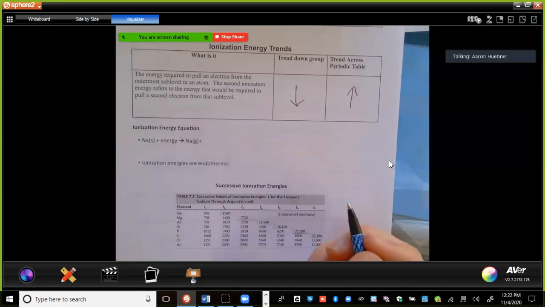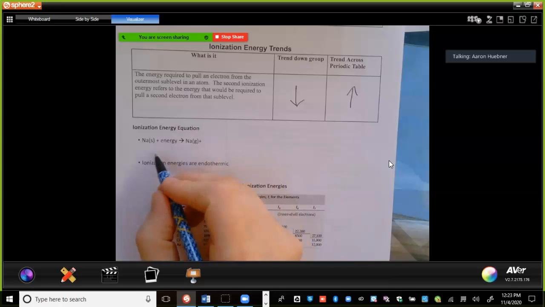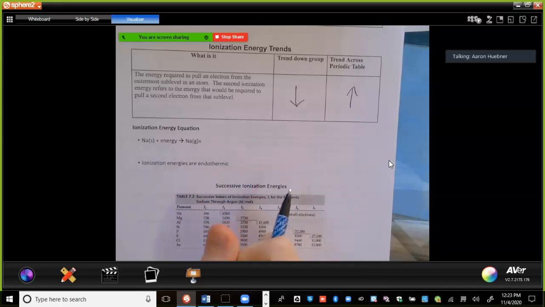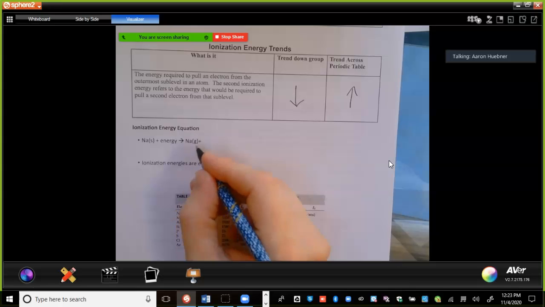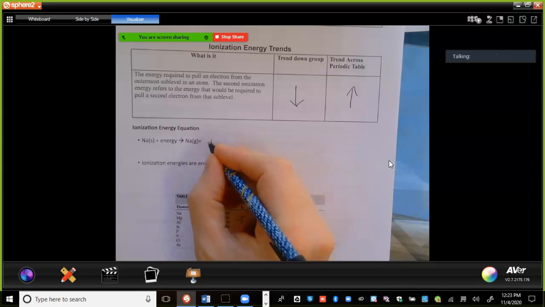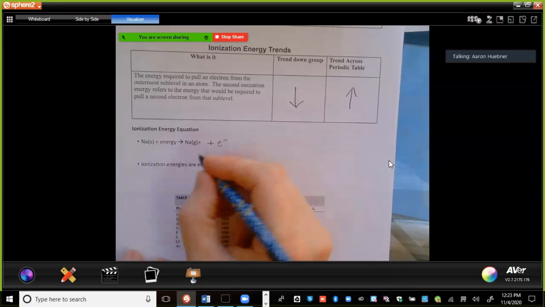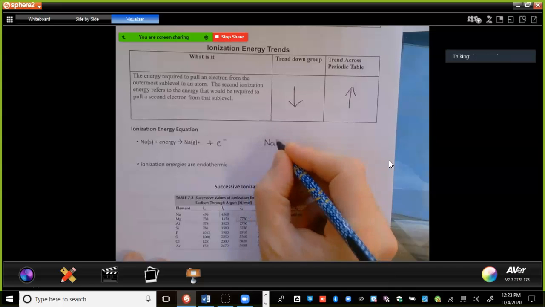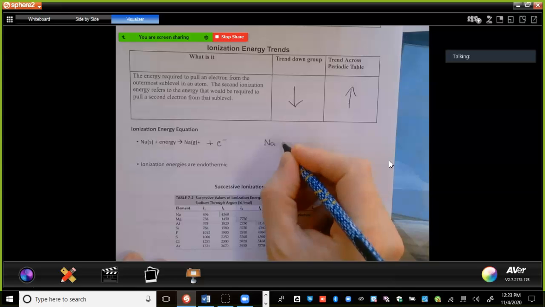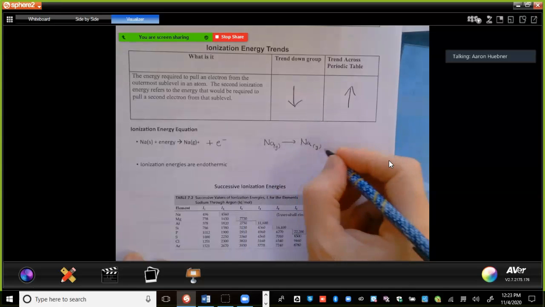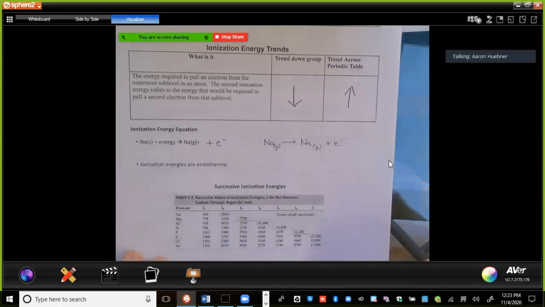You guys have probably seen this. We have sodium plus energy, so you input energy to pull an electron away, giving Na+ and an electron. Typically you would write it in the gaseous state, plus an electron.